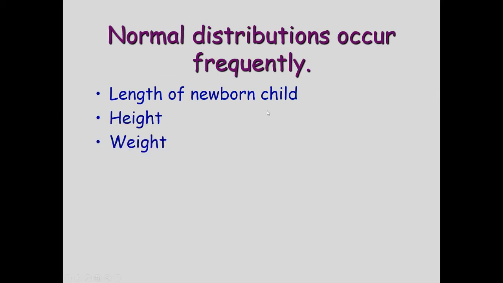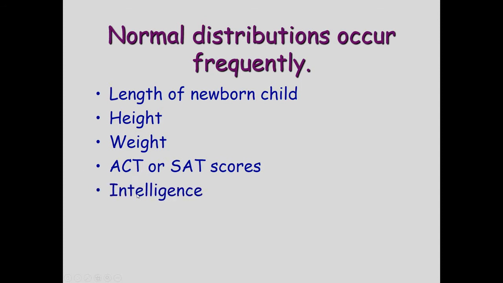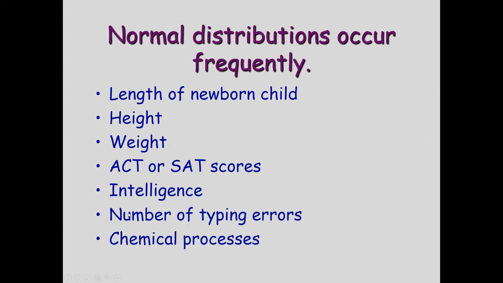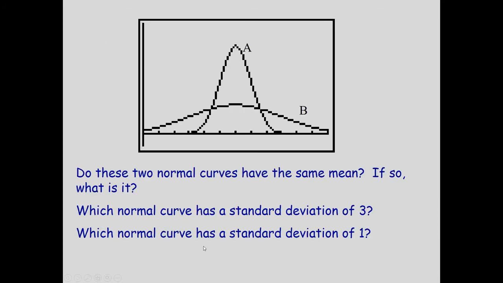The length of a newborn child, the height, the weight, ACT or SAT scores, they're intentionally normally distributed. Intelligence, IQ, is on a normal distribution. Number of typing errors, if you, over many attempts, type a bunch of papers, the number of errors you make would be normally distributed. I don't know what it means by chemical processes, but I trust it. That makes sense.